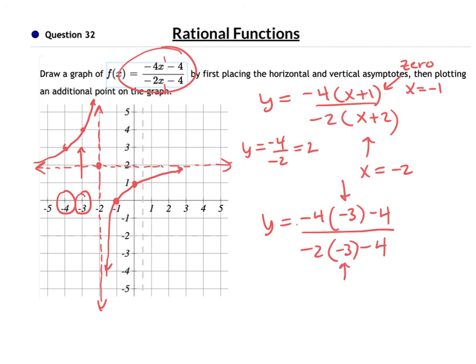This is 12 minus 4, which is 8, over 6 minus 4, which is 2, and 8 divided by 2 is 4. In other words, we have a point, negative 3, 4, which is right there. And I can tell, and remember you only need 2 points, where my hyperbola is going to be.